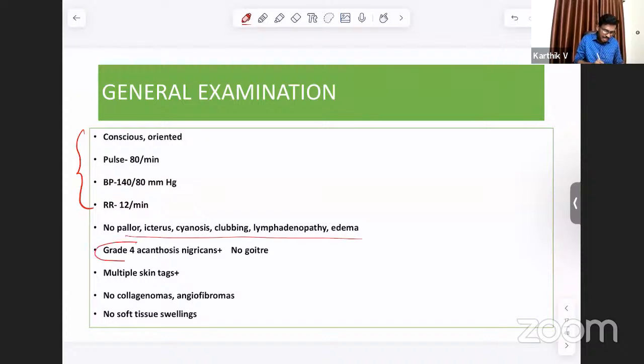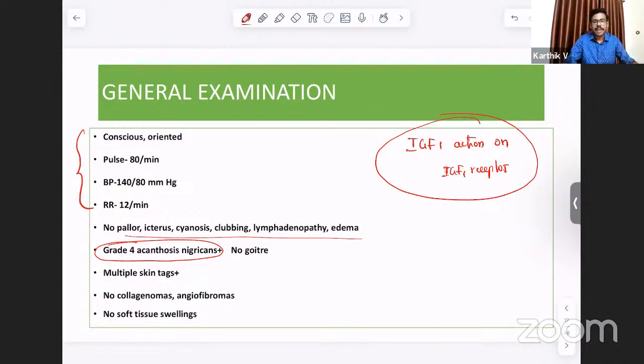Now, what is the importance of acanthosis nigricans in a patient with diabetes? Why does it occur? It is due to increased IGF-1 action on its receptor, the IGF-1 receptor.